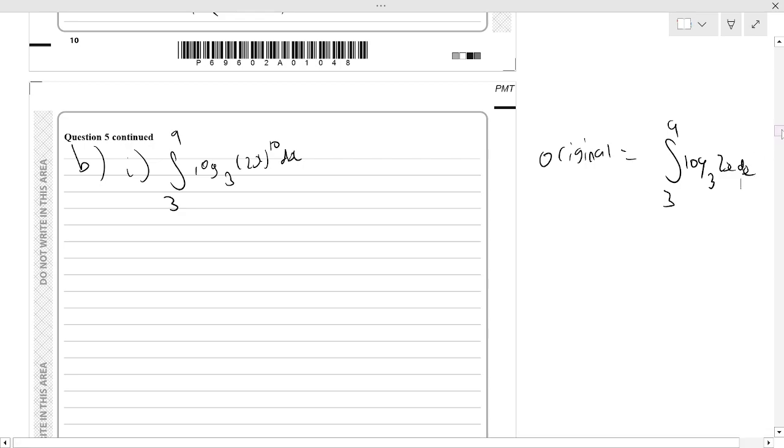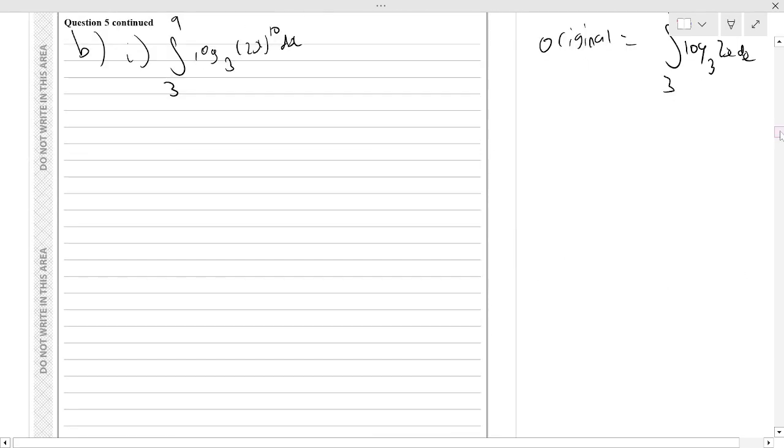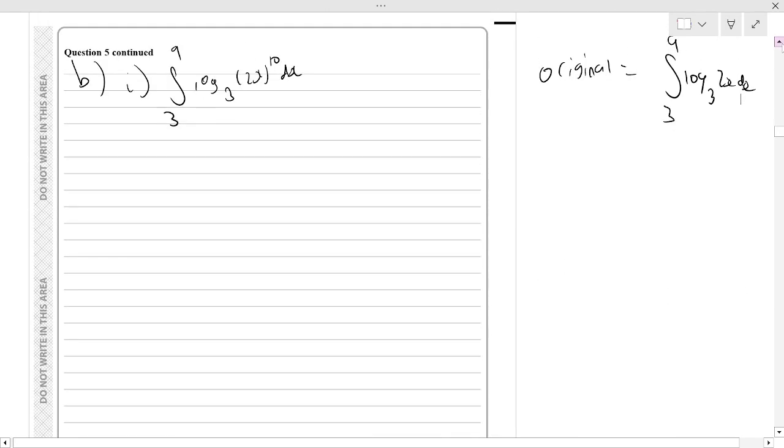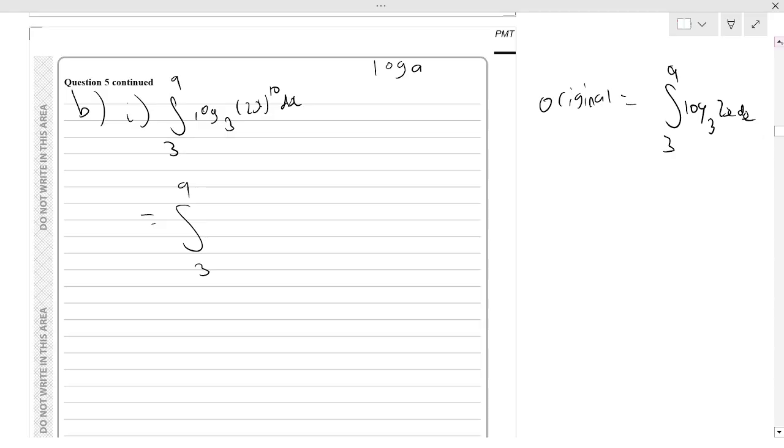Right? So basically, what we need to do here is pretty much use log rules to be able to get this to look like this expression here. Well, the first bit, I immediately notice that I can use the power rule that I talked about earlier. If you have a log of a to the n, that's the same as n log a.